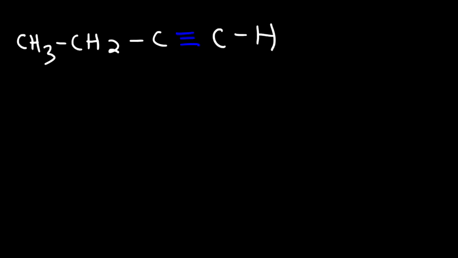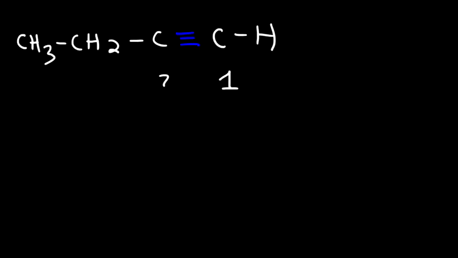Now let's move on to our next example, which is going to be CH3, CH2, C, triple bond, CH. So go ahead and write the common name for that alkyne. And also write the IUPAC name since we're here already. Let's start with the IUPAC name actually.